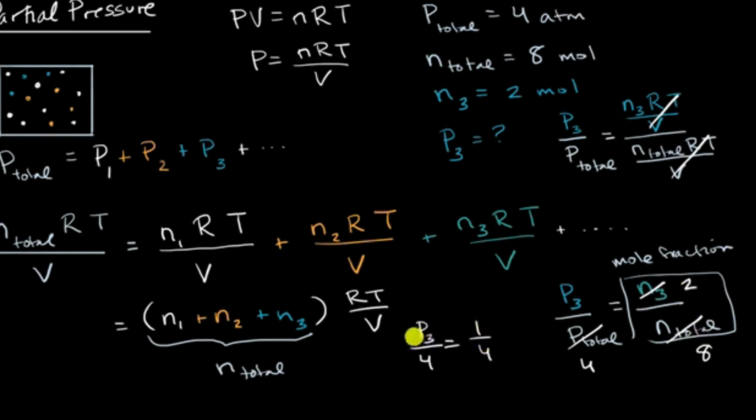And so you can just pattern match this, or you can multiply both sides by 4 to figure out that the partial pressure due to gas 3 is going to be 1. And since we were dealing with units of atmosphere for the total pressure, this is going to be 1 atmosphere. And we would be done.